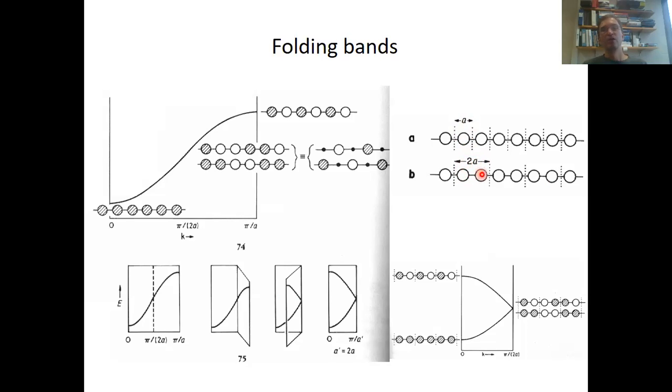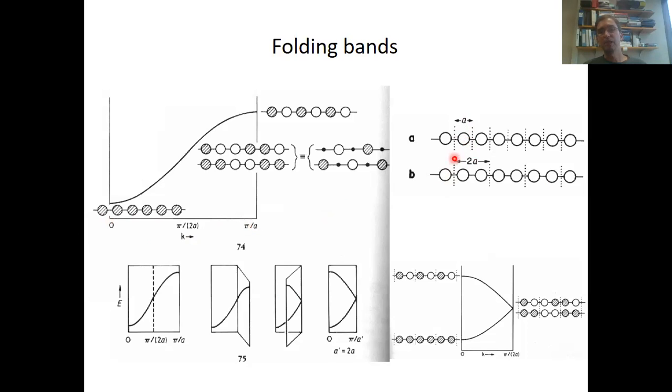So now as we go from 0 to the maximum k vector, when we have a unit cell that contains only 1 hydrogen atom, we would go from 0 to pi over a.